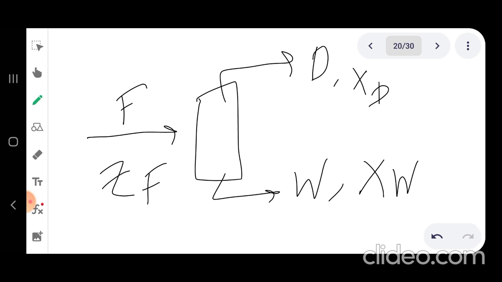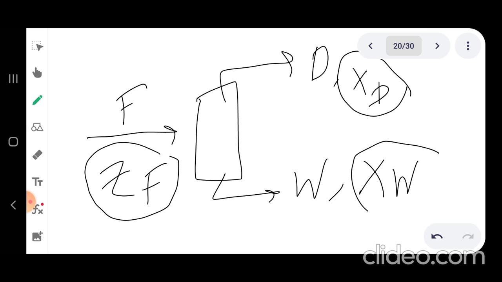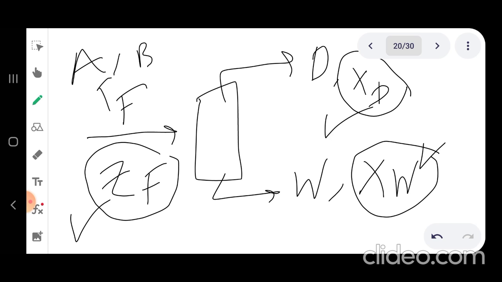Let's say the feed is a binary mixture of A and B. As we said before, we are going to refer all of these compositions by default to the more volatile component, which is A. So when we say ZF, we mean the composition of A in the feed stream.